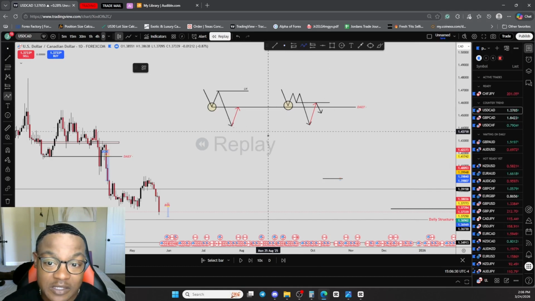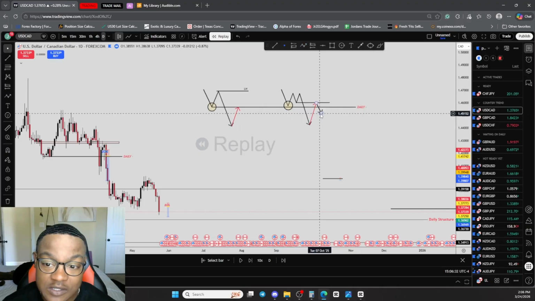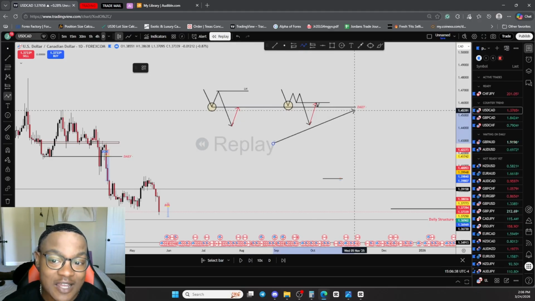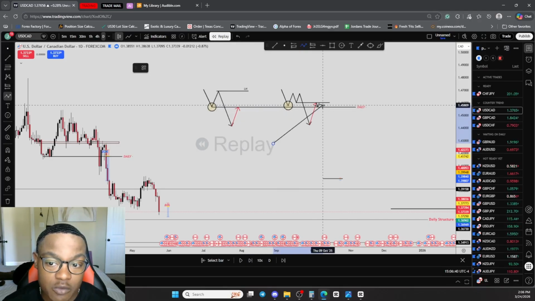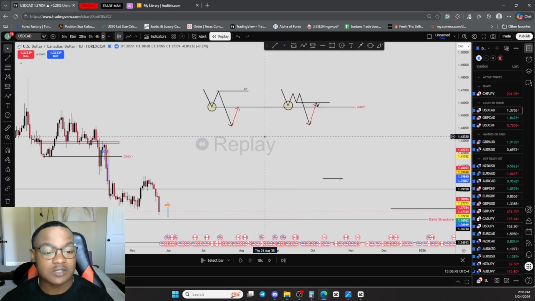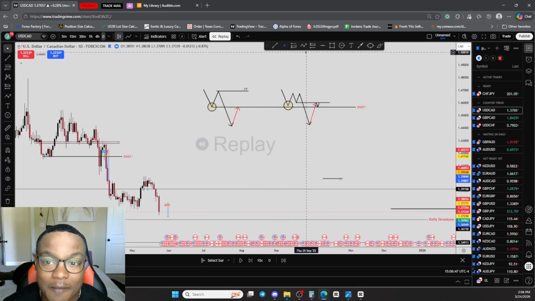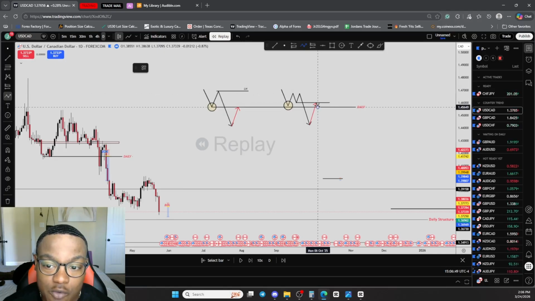Why? Because if we pay attention, if price was still above this zone and we're looking to take a trade, we can easily find rejection towards our daily structure point, even though we're below this 4-hour zone. Again, it's going to make sense once we get into these charts, but I'm showing you this for example purposes. Why? Because price can easily find support, find that rejection, and continue towards the upside, because this area was recently support.